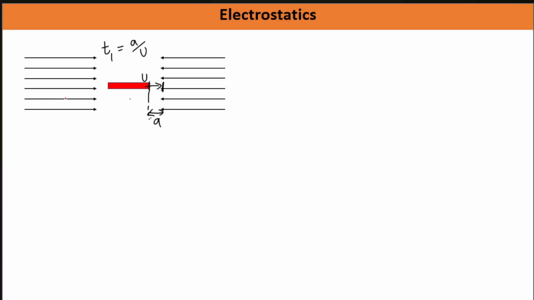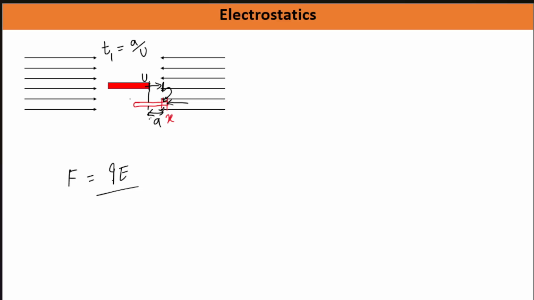Now look, when the front part has reached here, after that it will start making entry into the electric field. And let's say now its x length is inside the electric field. Because its x length is inside the electric field, force will act on this rod because of the electric field, right? And that force will be equal to QE. Now, not the whole charge is inside the electric field.